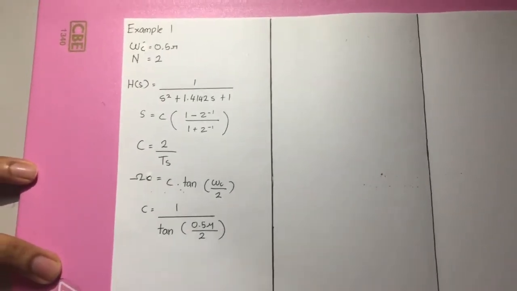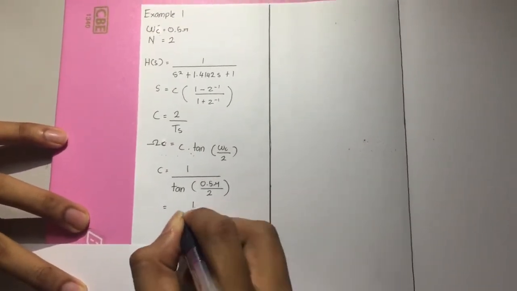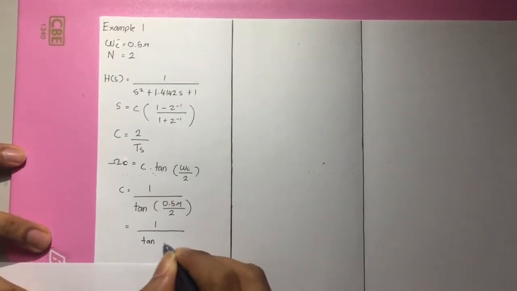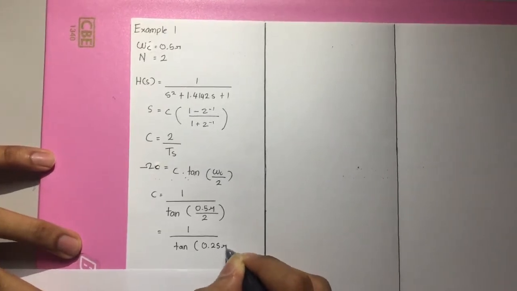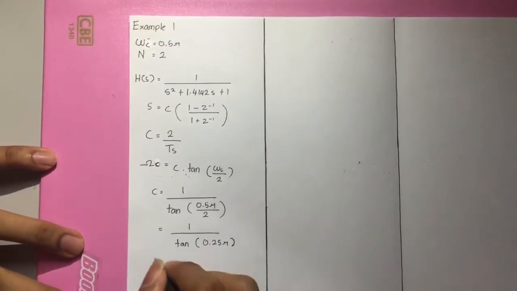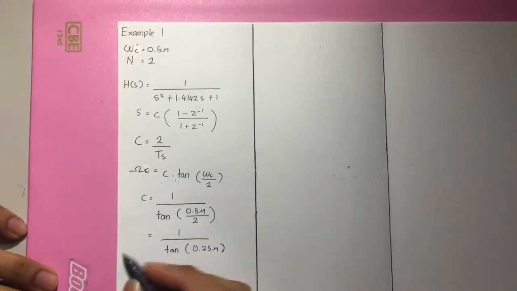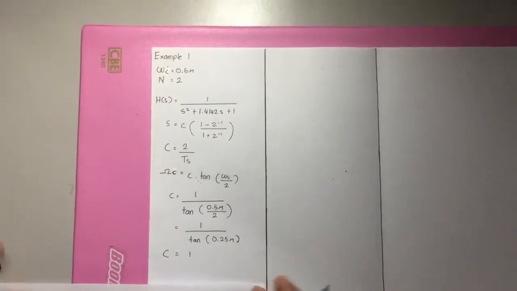So from this we're gonna get 1 over tan 0.25 pi. Okay, and calculate it using the calculator. We get C equal to 1.